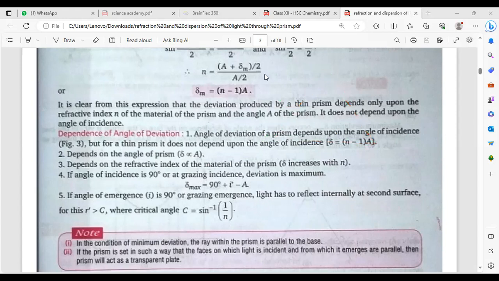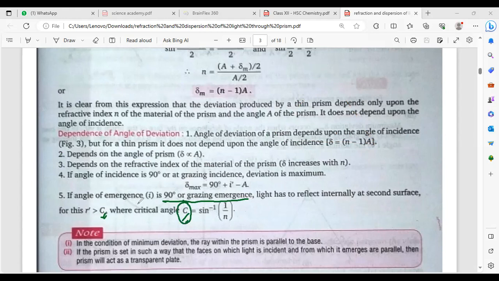So grazing incidence पर, we are going to have delta maximum if angle of emergence is 90 degree. Or grazing emergence, light ray has to reflect internally at second surface. And for this, R dash has to be greater than critical angle.